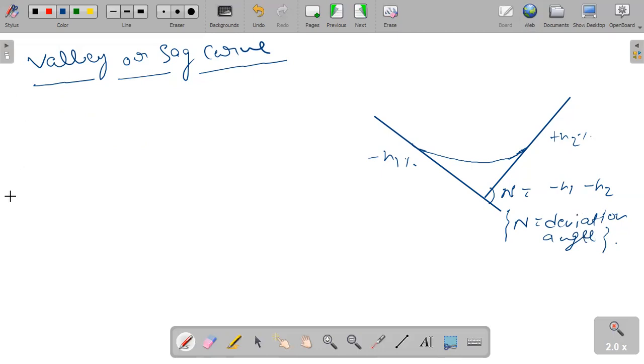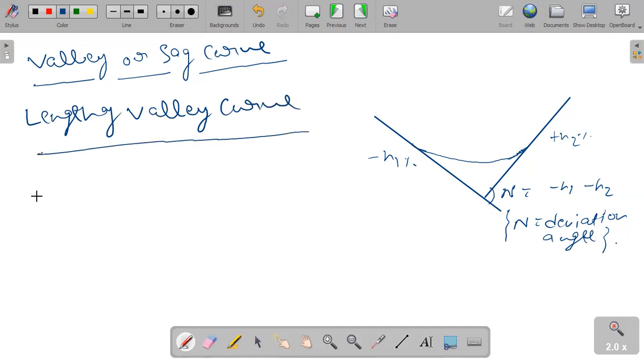So let's move forward to the length of the valley curve. Basically we have two conditions. First one is based on comfort condition.